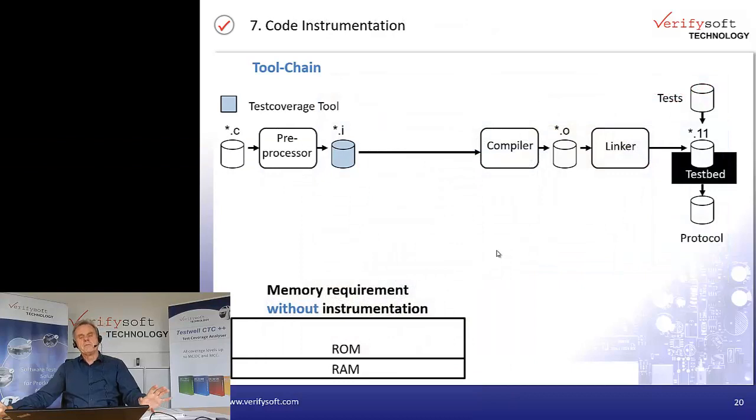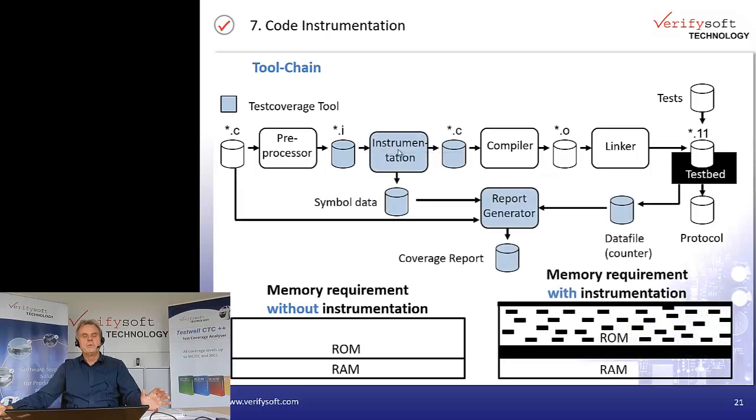So now some explanation how it works. Normally when you do your test, you have a preprocessor, compiler, you link them, you have your tests, and with Testwell CTC++, between preprocessor and compiler, we do the instrumentation. That means we add these counters, which count if the code has been executed.